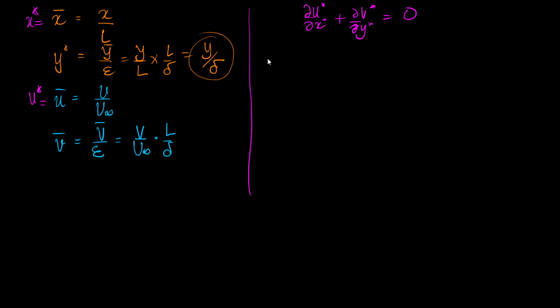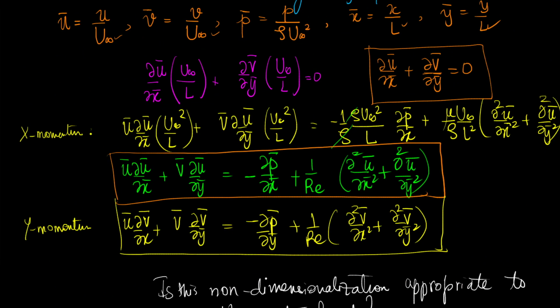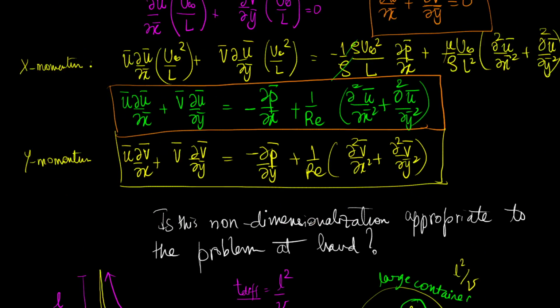The x momentum equation: originally it was u bar del u bar by del x bar plus v bar del u bar del y bar is equal to minus del p bar del x bar plus mu by rho. So there is a 1 by rho over here, so all the rhos have vanished. This was 1 upon Re times del 2 u bar del x bar 2 plus del 2 u bar del y bar 2. So this is the expression.